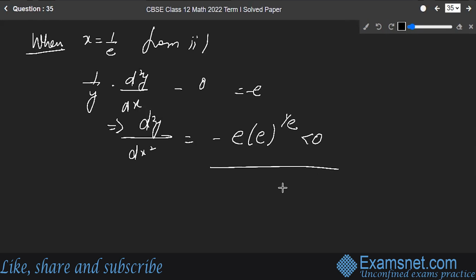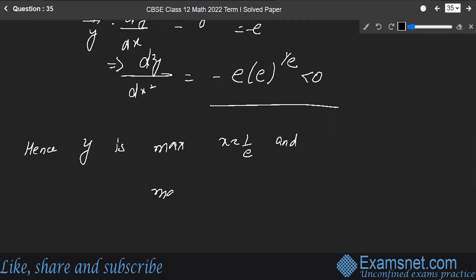So this has to be less than 0. Hence, y is maximum when x is equal to 1 by e, and maximum value of y is equal to e raised to power 1 by e, right?